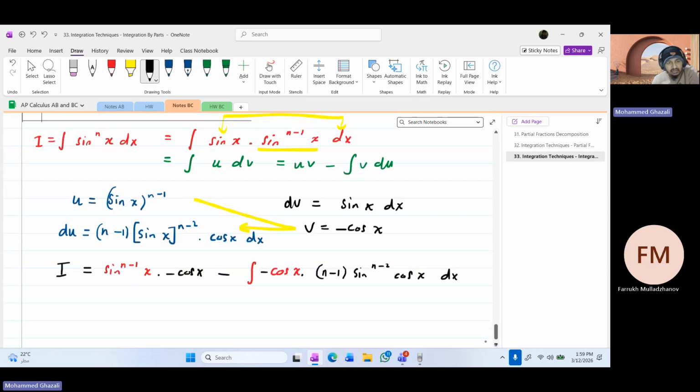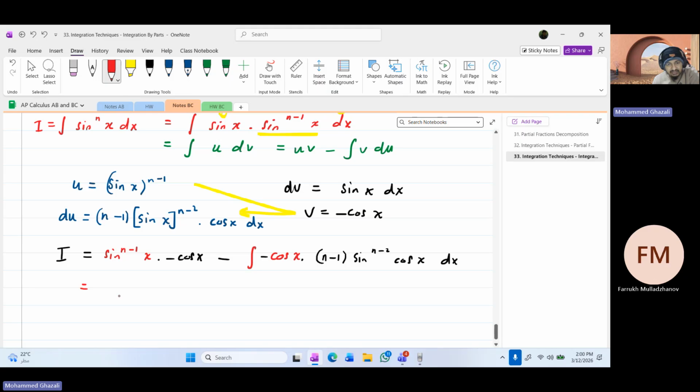Now I need to simplify this. If I simplify, negative cos x sine^(n-1) x plus, I want to take out all the coefficients outside, so I'm going to take n minus 1 outside.